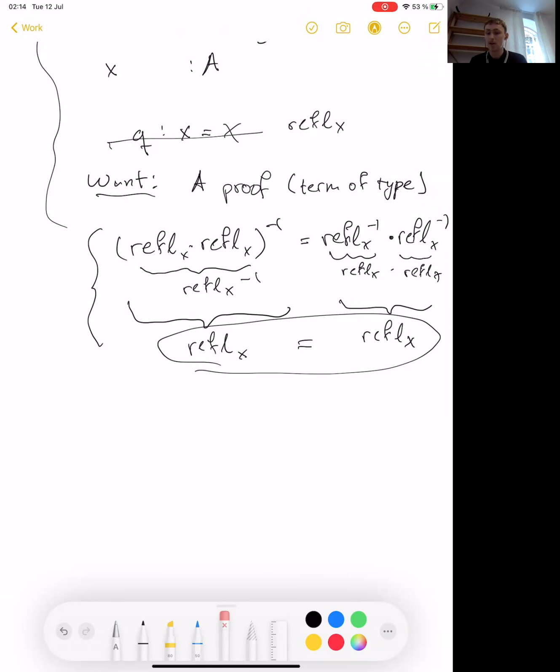Ah, I see. Well, yeah, it's kind of app, right? But the thing is, with REFL composed with REFL, before you actually care about the inversion, you evaluate what's inside the inversion first, and you see that it's literally just REFL. So REFL composed with REFL inverted literally reduces to REFL.